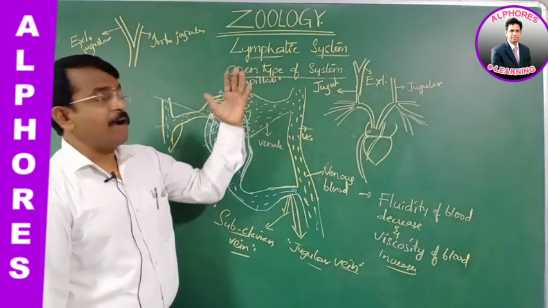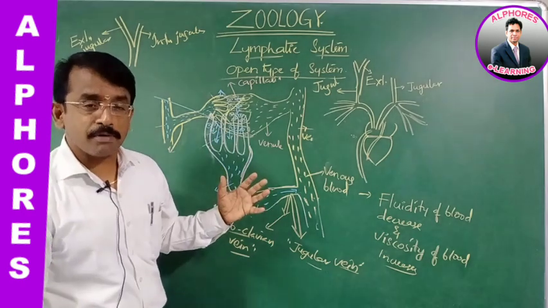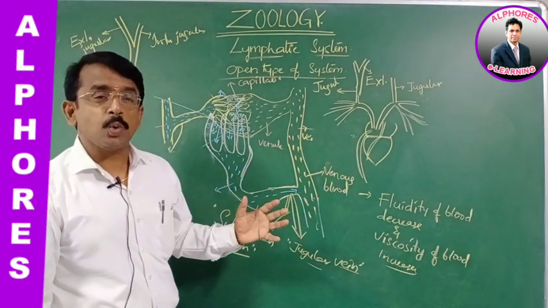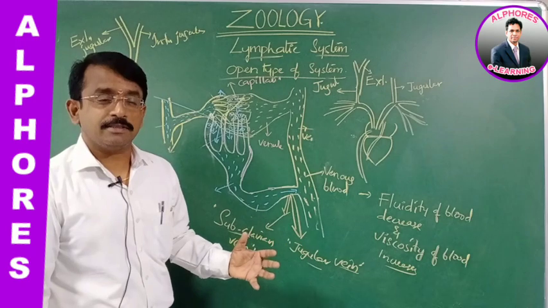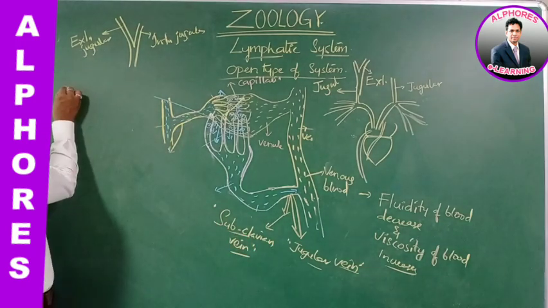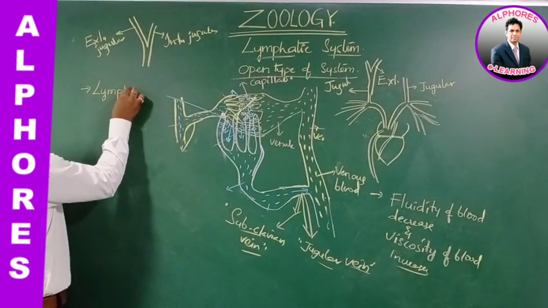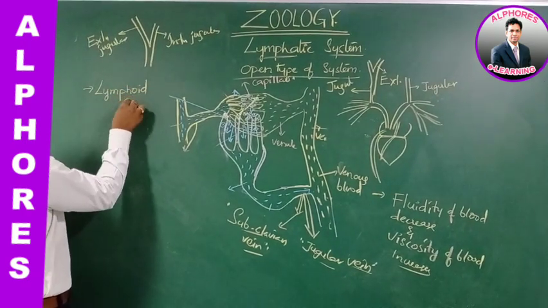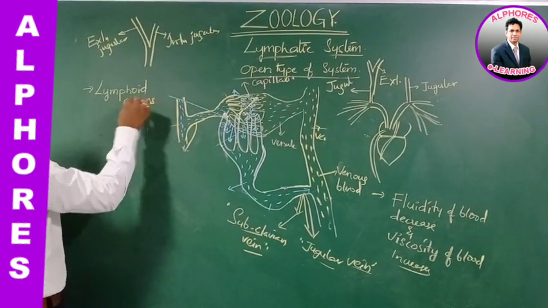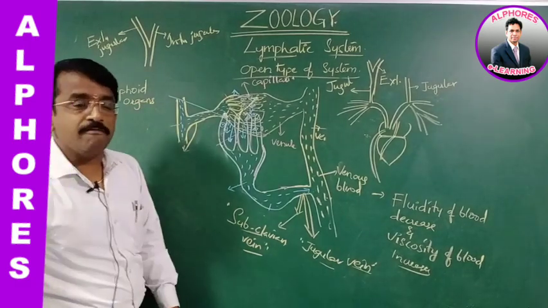The lymphatic system is an open type of system which includes the lymphoid organs, which produce the lymphocytes.